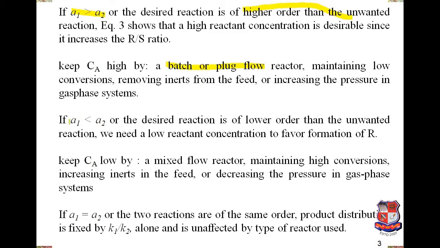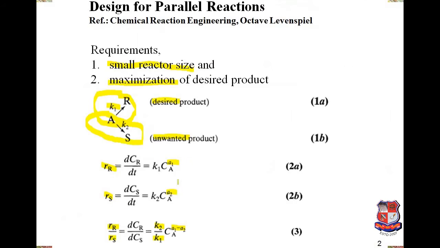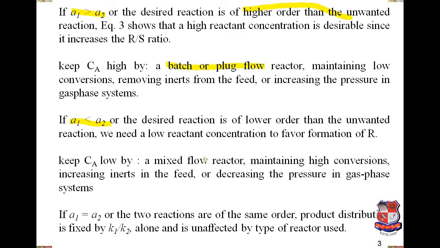But exactly in reverse, if a1 is less than a2, then a1 minus a2 is going to be negative, and the concentration term goes into the denominator. In that situation, we must choose a CSTR, a mixed flow reactor will be a better option, maintaining high conversions, increasing inerts in the feed, and decreasing the pressure in the gas phase system.